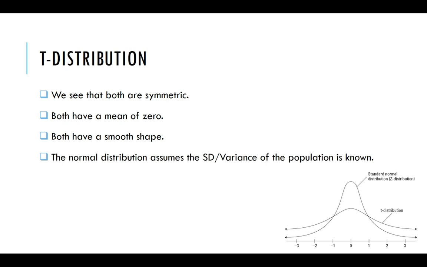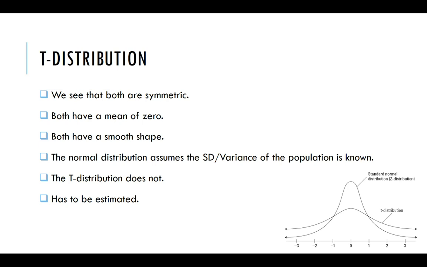The normal distribution assumes that the standard deviation or the variance of the population is known, right, they're related. But for the t-distribution, it's not known, which means it has to be estimated.